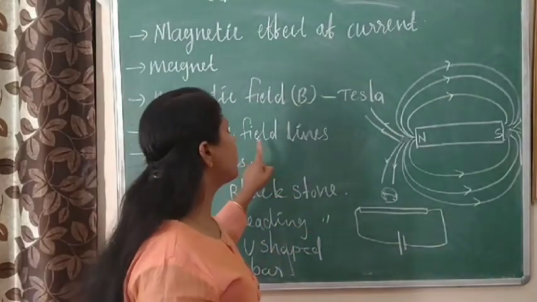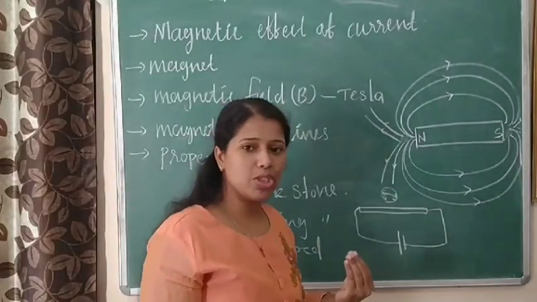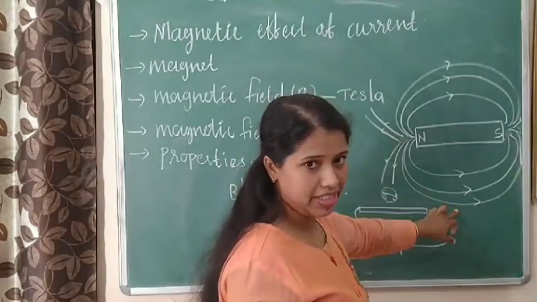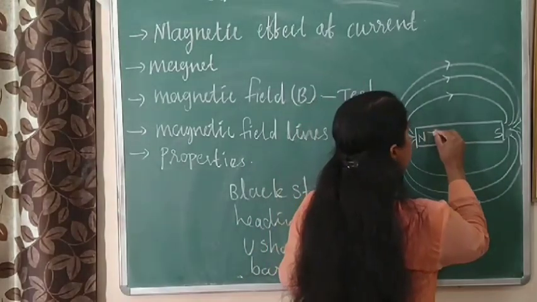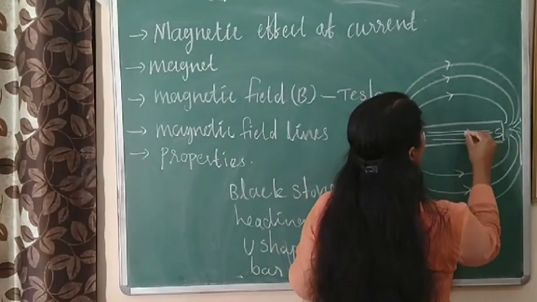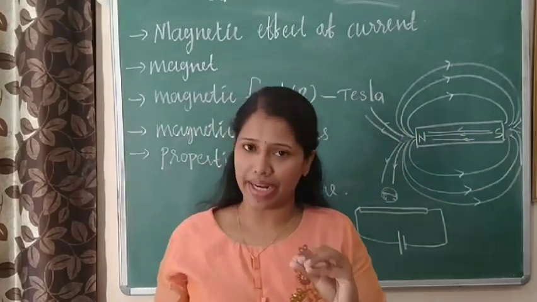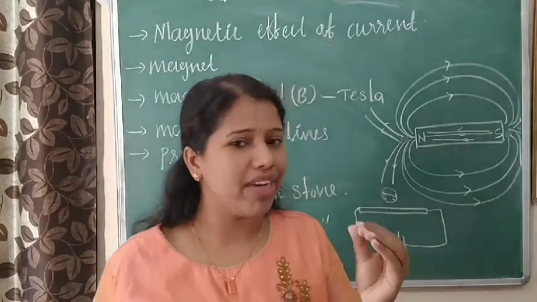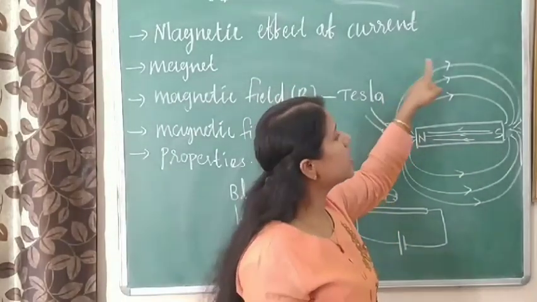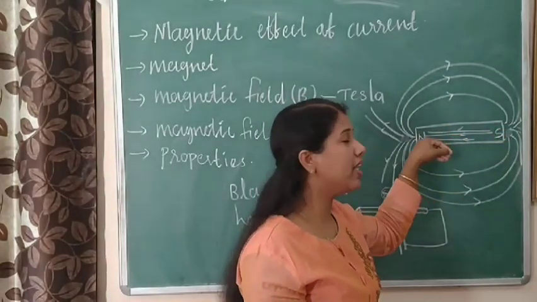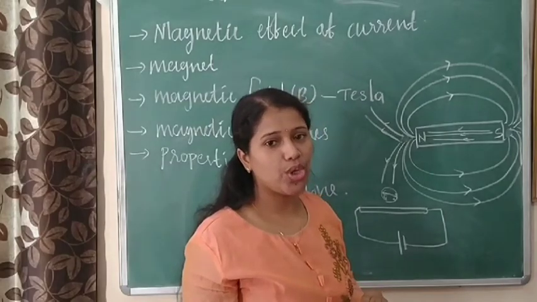Next one is magnetic field lines. Inside the magnet, magnetic field lines always go from south to north. Outside the magnet, magnetic field lines always go from north to south.